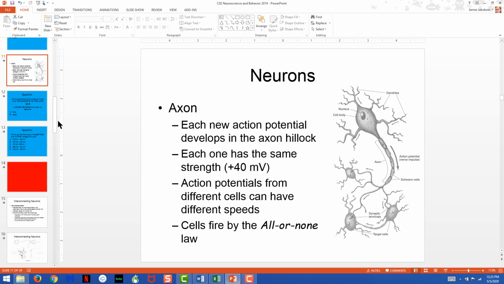It's important to keep those two ideas separate in your head. Now, the proper name for electricity in your nervous system is an action potential. So you can talk about electricity, or more technically, action potential. And action potentials are always the same size. They are always positive 40 millivolts.